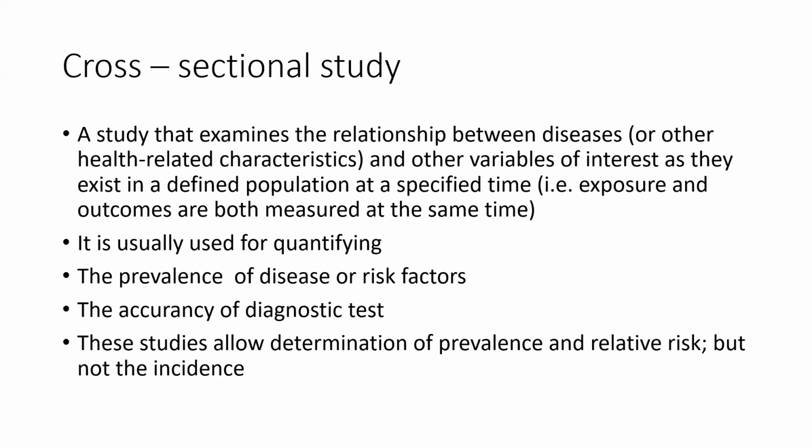Now about cross-sectional study, a study that examines the relationship between the disease and other variables of interest as they exist in a defined population at a specified time. It is usually used for quantifying the prevalence of a disease or risk factor, and the accuracy of a diagnostic test. This study allows determination of prevalence and relative risk, but not the incidence.